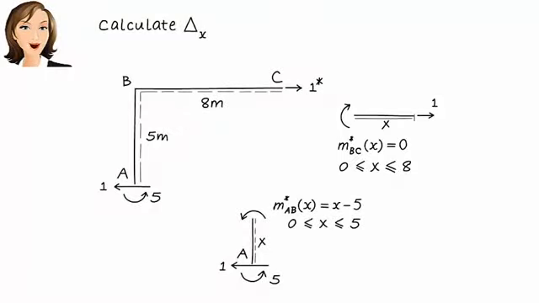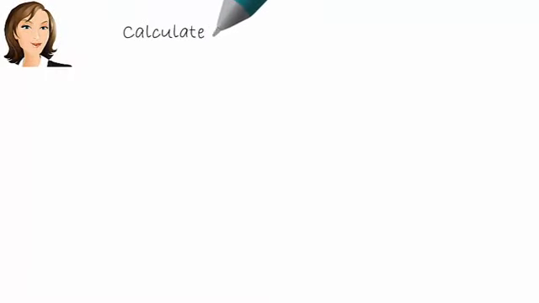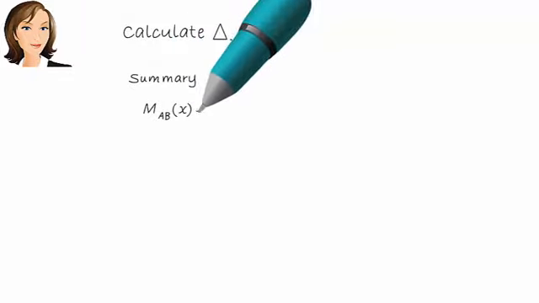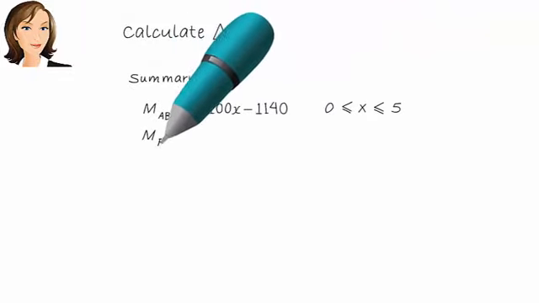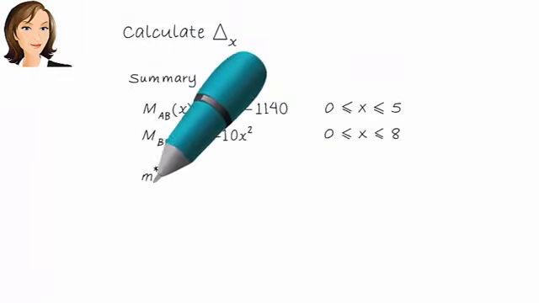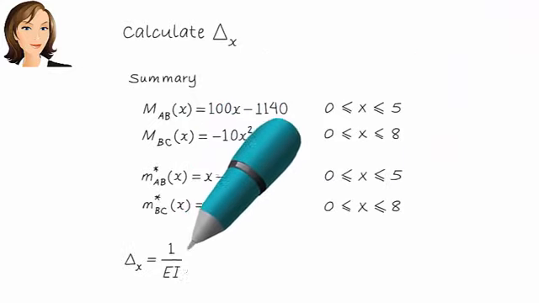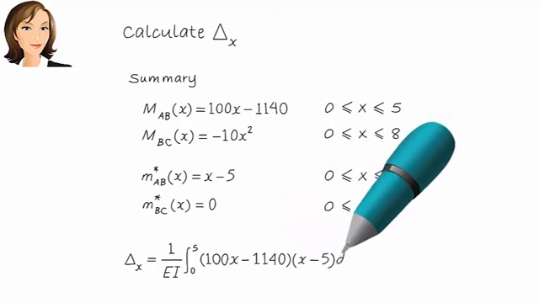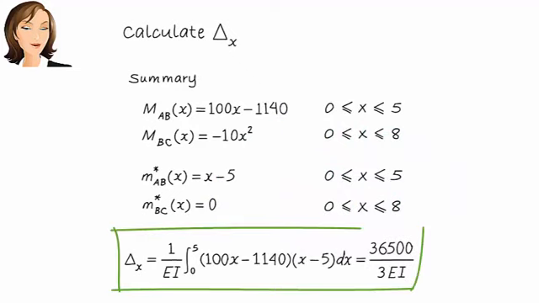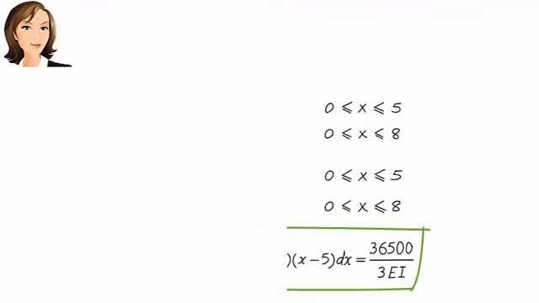To get delta x, we need to integrate m times m star. Here is delta x.